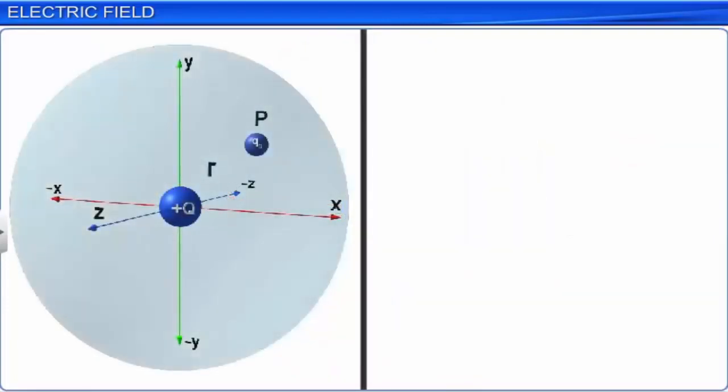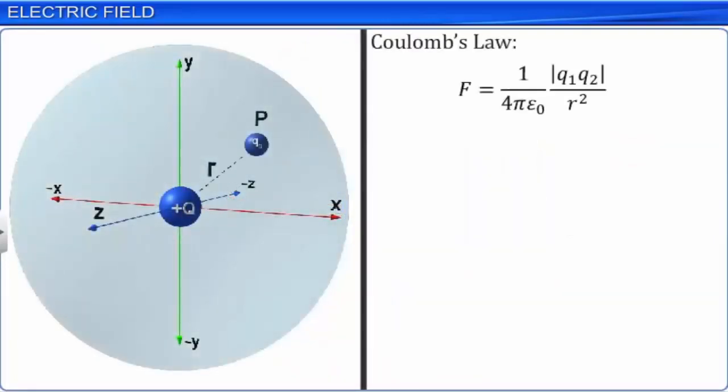We can use Coulomb's law to calculate the force on q0 due to q. The electrostatic force on q0 due to charge q is F equal to 1 by 4 pi epsilon naught q q0 by r square into r cap, where r cap is the unit vector along the direction of OP. Let this be equation 1.